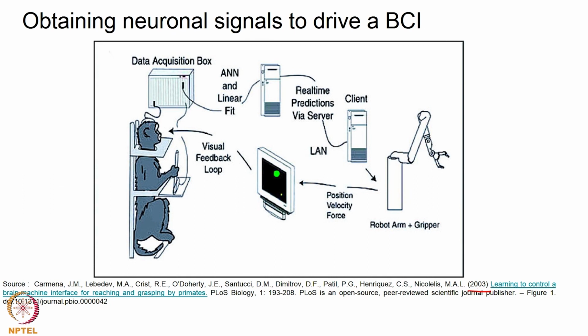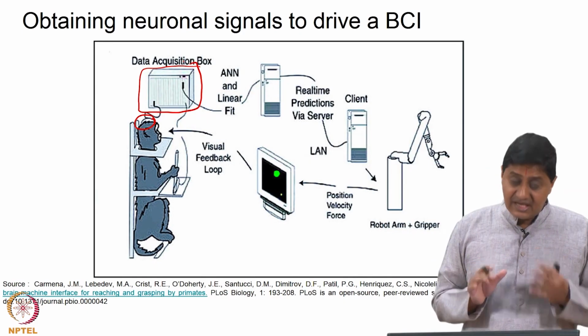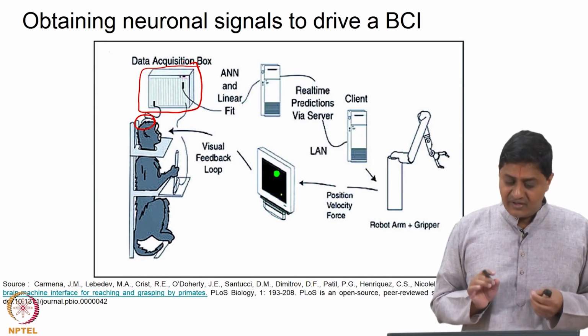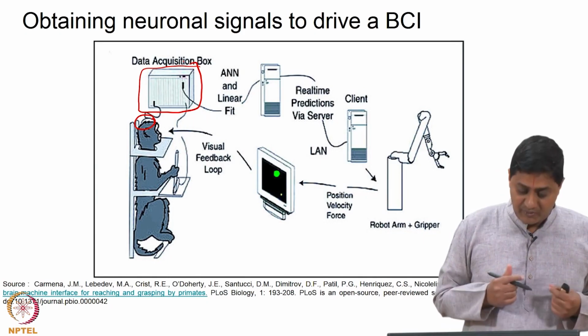So, the monkey's intentions are recorded. This is from implanted electrodes and a relatively advanced data acquisition box. So, these are the challenges that we will have to overcome. The system that we make must be portable, must still be very effective and have high computational power, is it not?